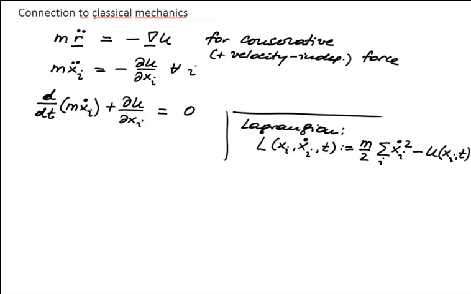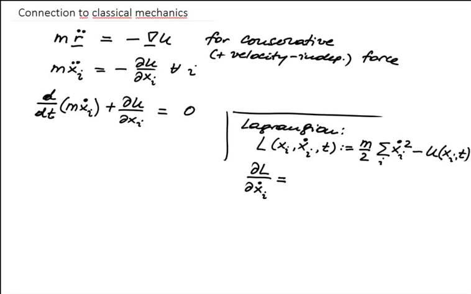This Lagrangian has the following property. When I take the partial derivative of the Lagrangian with respect to xi dot, then only the first term in the definition contributes, because only the first term depends on xi dot. The derivative of xi dot squared gives 2 times xi dot.